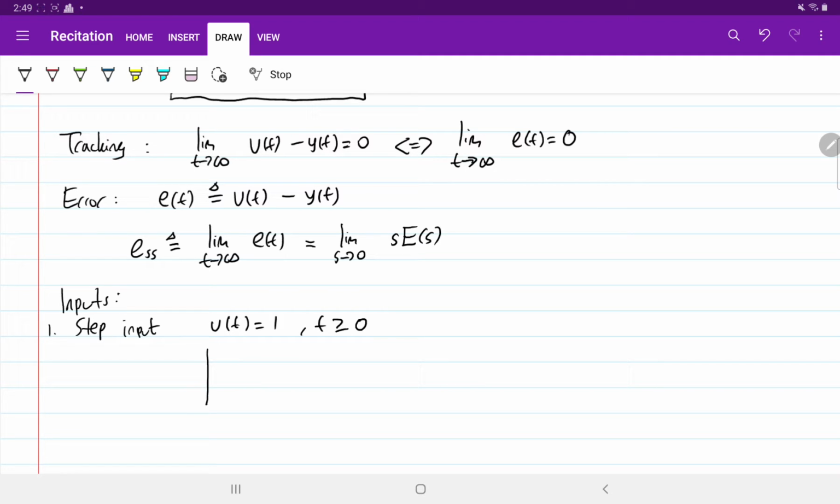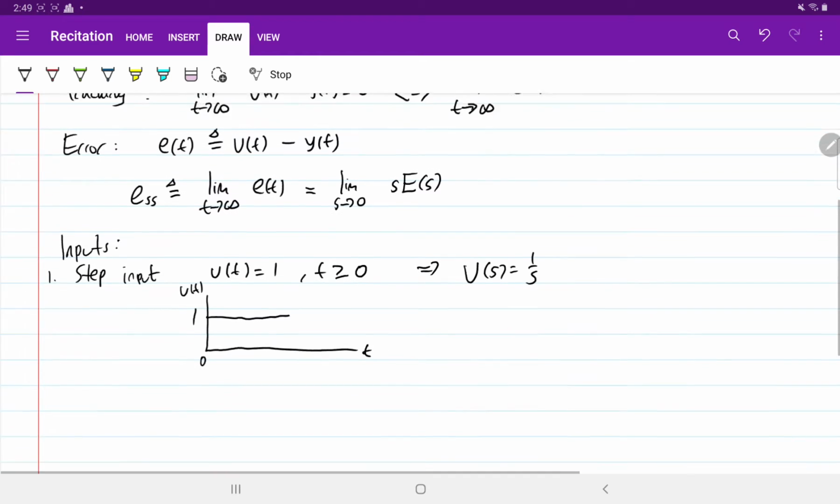If you plot it, this is t, this is u of t, then the step function has a value of 1 for t greater than or equal to 0. Or in Laplace domain, u of s is 1 over s. You can get this from the Laplace table.